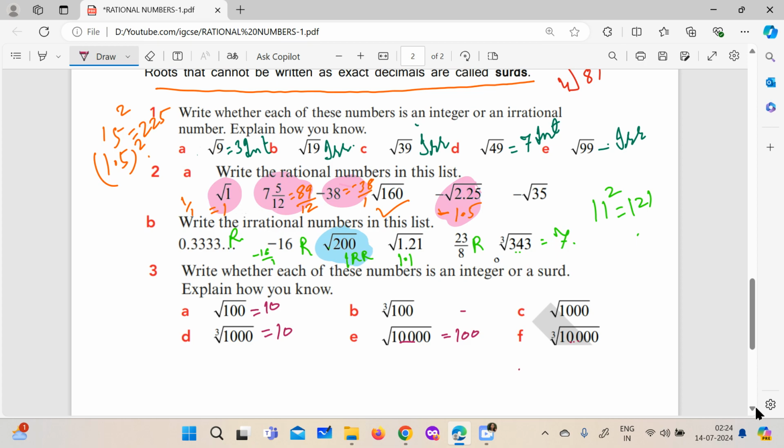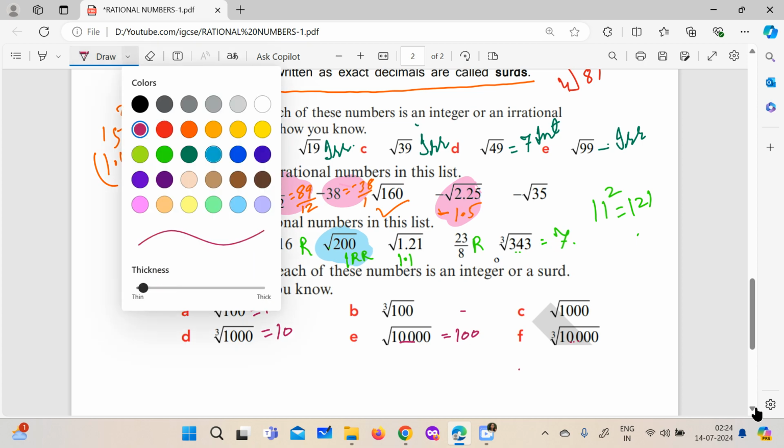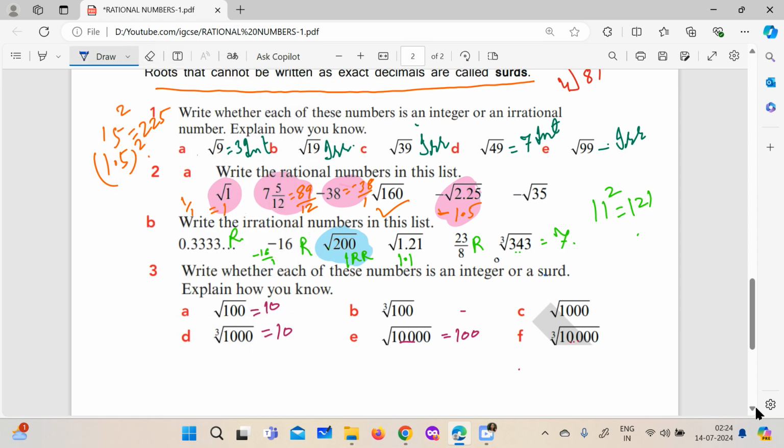Now let's mark them as integer or surd. Because we got the value as a whole number, this is your integer. And here we cannot find the value of this cube root of 100. We cannot get the exact number here. So this is your surd.